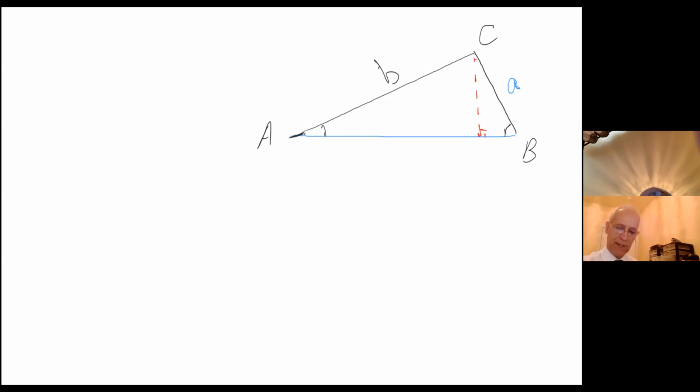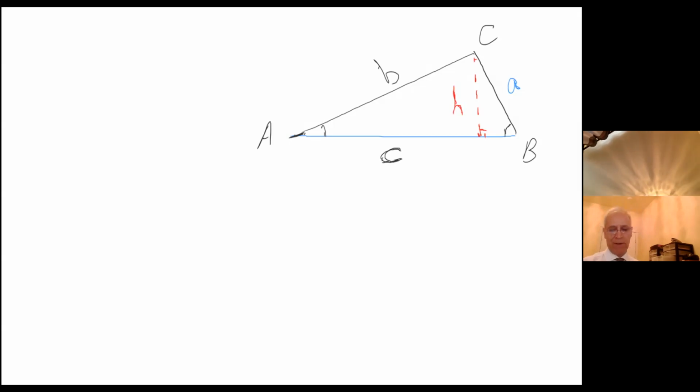And finally, since angle C is up here, I'm going to call this blue line segment c. And for lack of a better choice, the perpendicular that we dropped, let's just call this h, maybe for height.